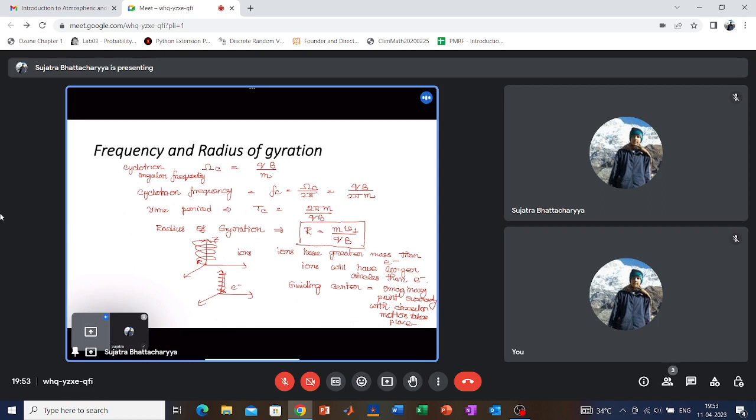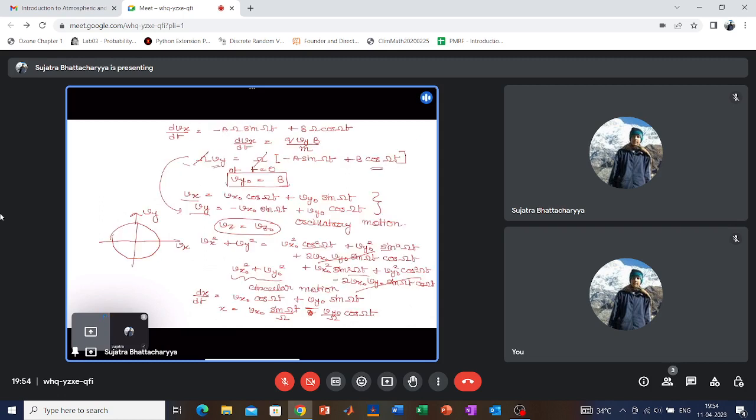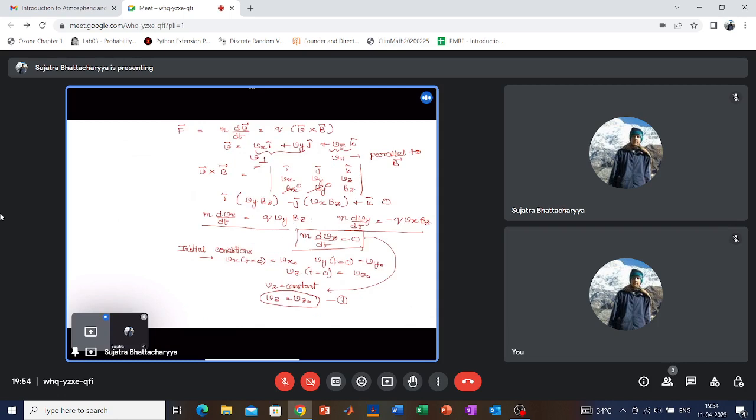So ultimately, in case of uniform and static magnetic field, you have this helical motion. In the z direction it moves with a constant velocity, and Vx, Vy perform a circular motion, so it gives a helical path. The radius of gyration is nothing but the radius of the circular motion.